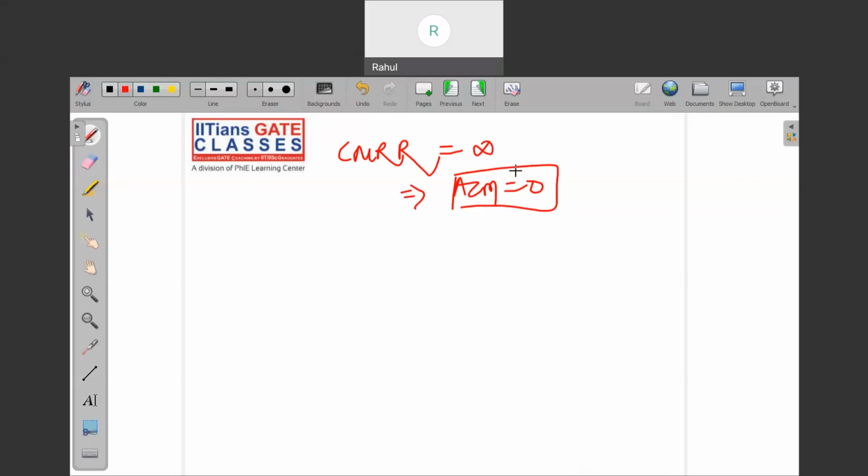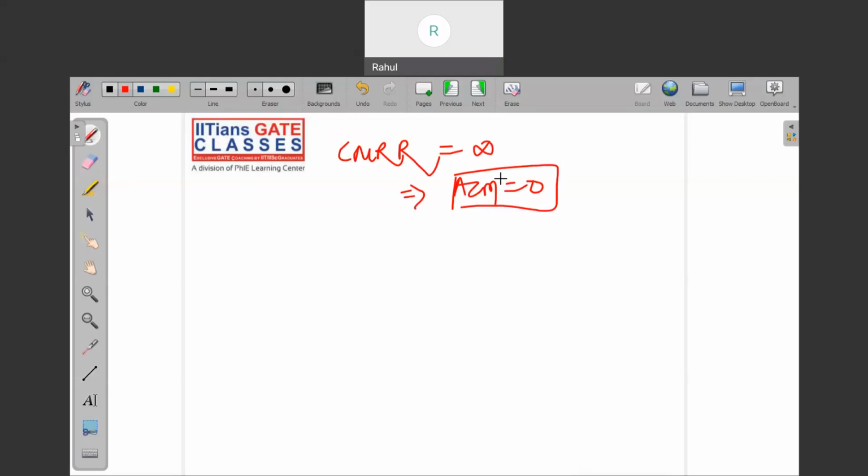That is our requirement for an ideal op-amp. For non-ideal op-amps, the common mode gain will not be 0, so CMRR will not be that high. CMRR will be affected. Remember that.